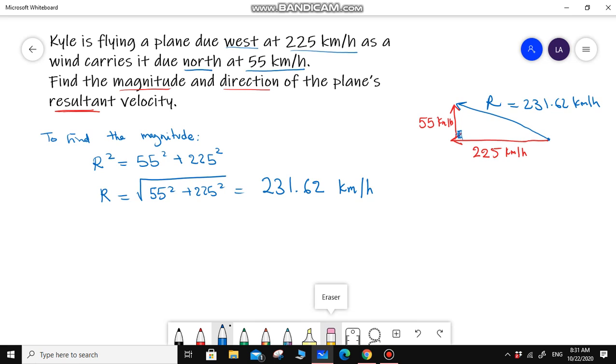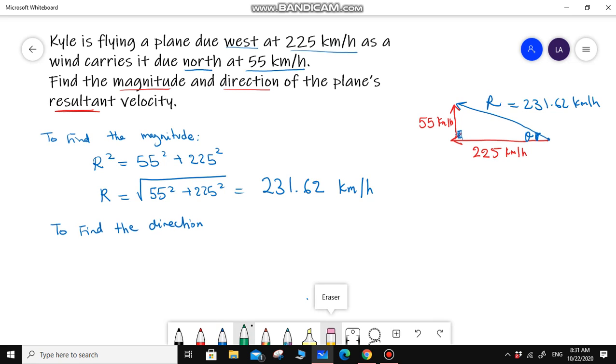Now, what about the direction? How can I find the direction exactly of this vector? To find the direction, I need to check the angle the vector makes, this angle. We can use our trigonometric functions in order to find the angle.